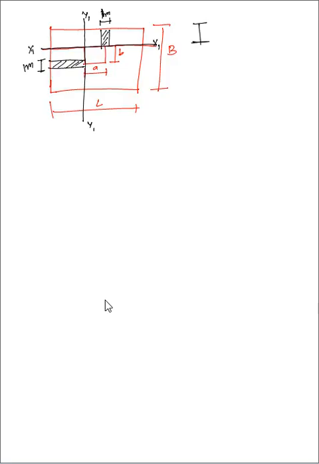So what is the length of this strip? Can I find out the length of this strip? To find out the length of this strip, I have to take the center line. See, this is my center line. So this total will be half, that is B/2.